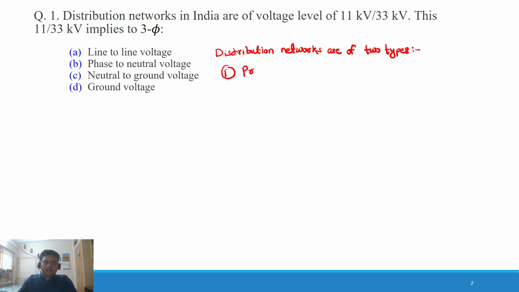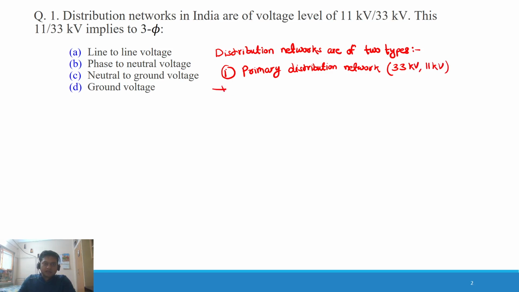First one is the primary distribution network, and the voltage level of the primary distribution network is 33 kV, 11 kV in India.